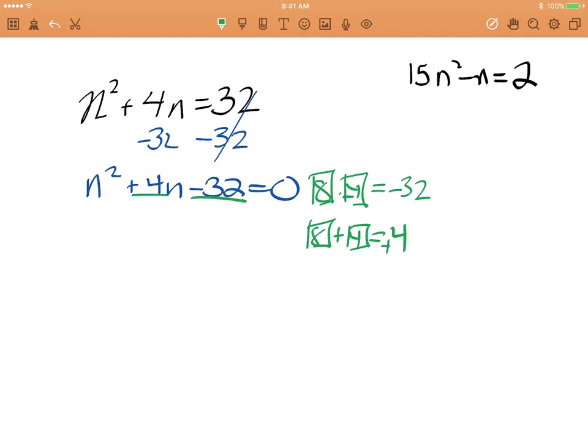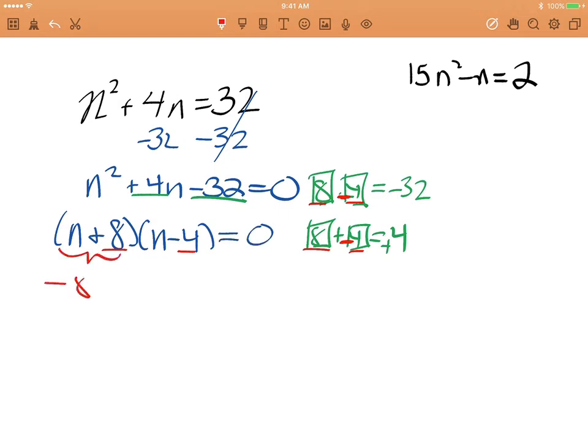So this is going to factor out to be n plus 8 and n minus 4. The two numbers in the factors come from these two numbers right here. Then set that equal to 0, and again we play that little game. What makes this equal to 0? Negative 8 does. What makes this equal to 0? 4 does. So those are my two answers, and of course, I have to write n equals.